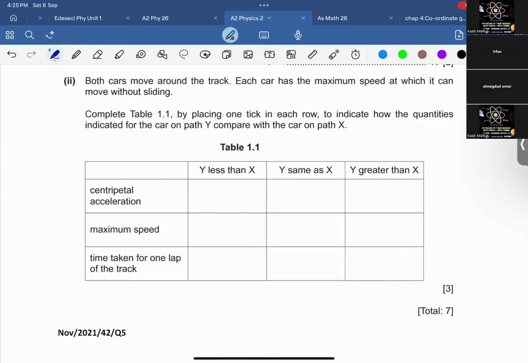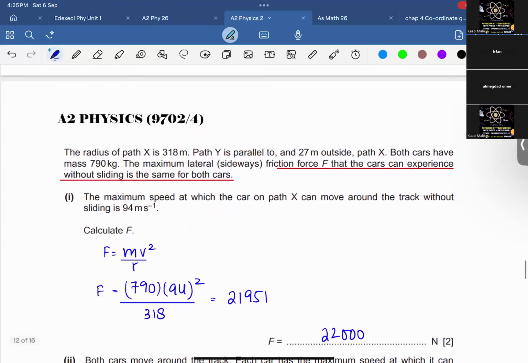Okay, so they're saying the centripetal force. Since they have told you that the forces are the same for both of the cars, this means the centripetal force is going to be the same, right?